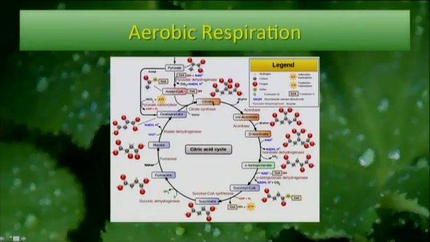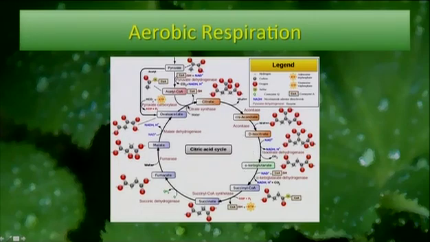Then you have a 6-carbon compound, a 5-carbon compound, a 4-carbon compound, a 4-carbon compound, until they regenerate oxaloacetate, which is a 4-carbon compound too. You don't have to know all these steps or all these drawings. I just want you to get the general overall idea of what's going on here.